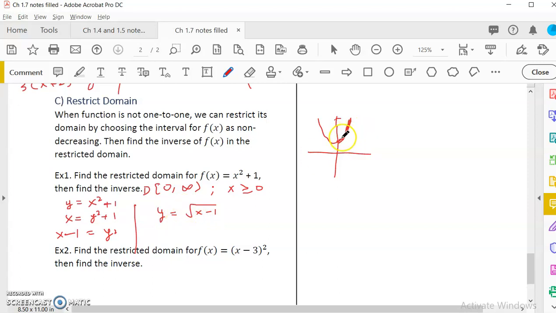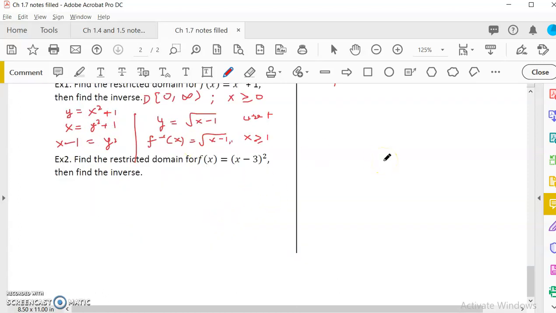You can see the original x is positive. This is the domain. The domain is the range. So I use positive. And you can see that this is a valid function. So f inverse of x is the positive square root of x minus 1. And this new function's domain would be x is greater than or equal to 1.